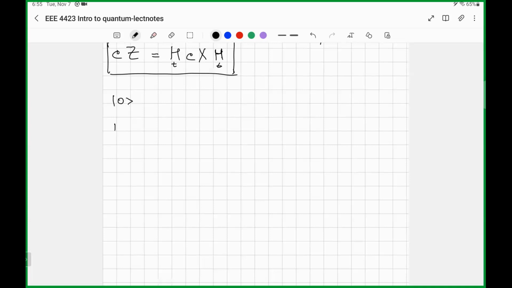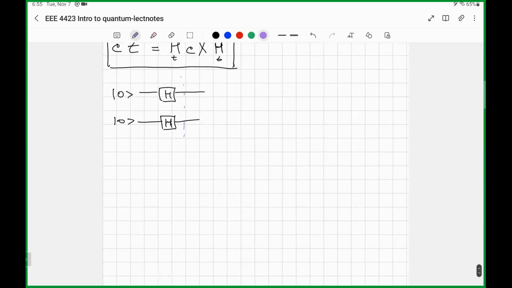So again, we start from the state 0. Then we apply the Hadamard here and here to create the superposition state. Okay, so by these two Hadamards, we create the superposition state.